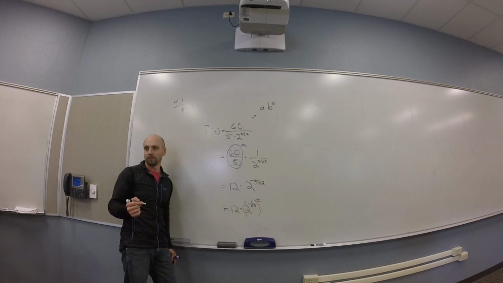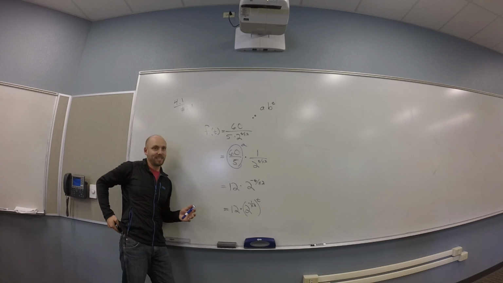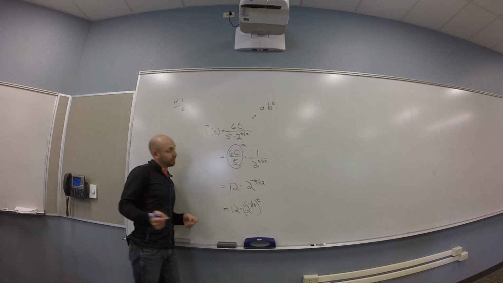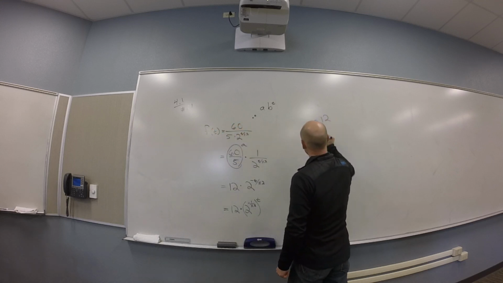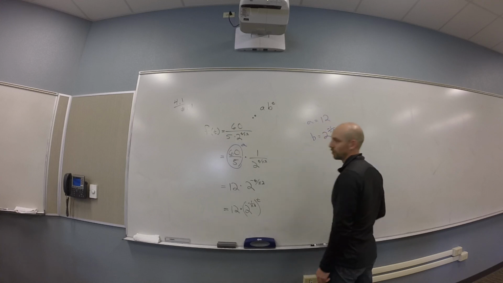Using an exponent rule. And now I'm going to be done. Are you really? Yeah. That's a number, because a is 12 and b is a number: 2 to the minus 1 over 11.2.